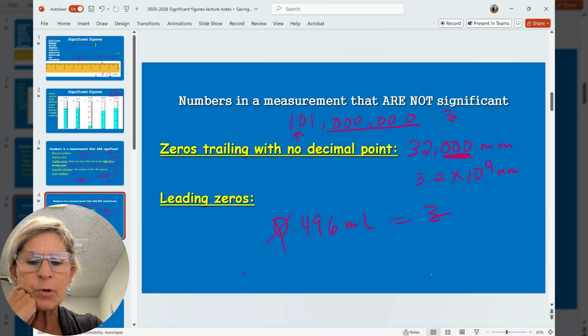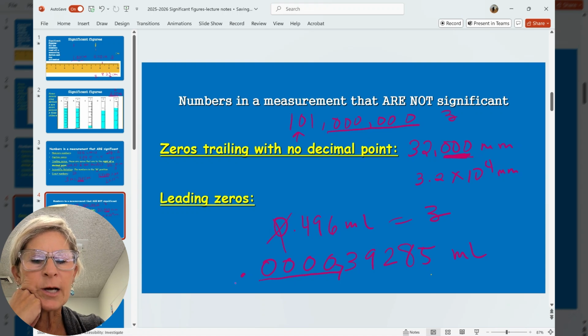Or I could have a number like 0.00039285 milliliters. All of these zeros, they're leading into a non-zero digit. A lot of times they'll say the zeros that are to the right of a decimal and to the left of a non-zero digit. I just like to look at them and they're all leading into a non-zero digit.